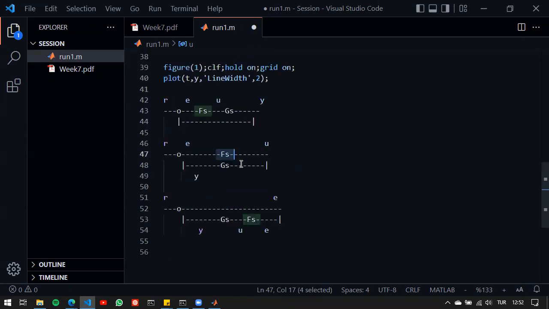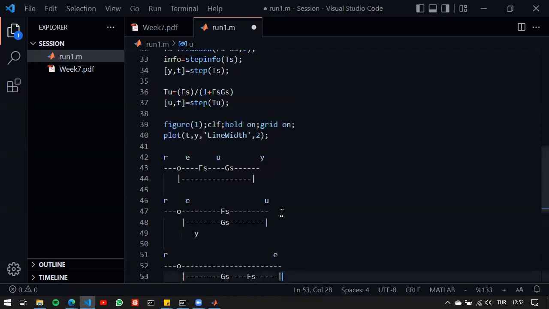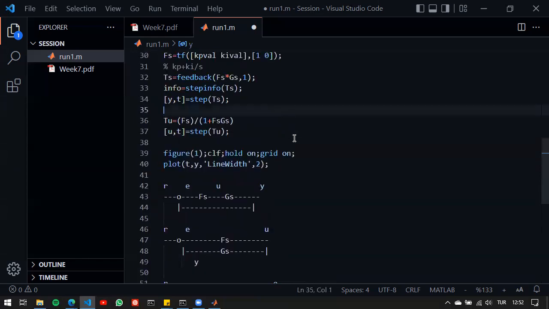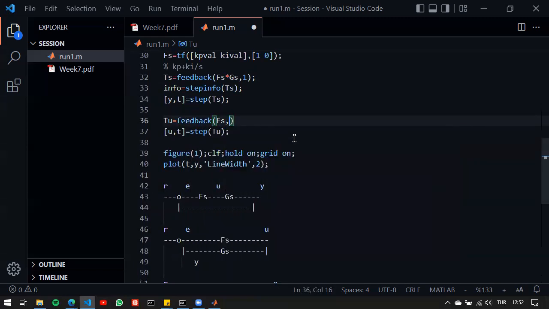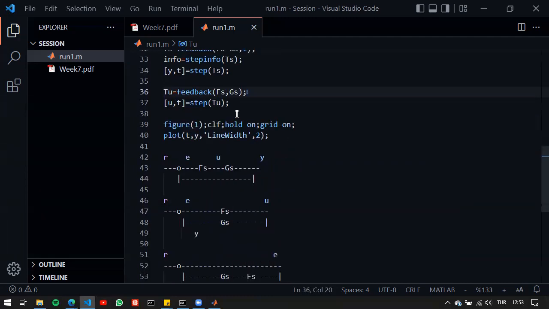So, therefore, if we take these closed loop transfer functions and define them and use the step function here, we should get basically the error, the control signal, and the output simultaneously for the same system and the same setup. So let's do that. We have this here. I can just use the feedback command. And I can say that I have only Fs, and Gs is in the feedback.